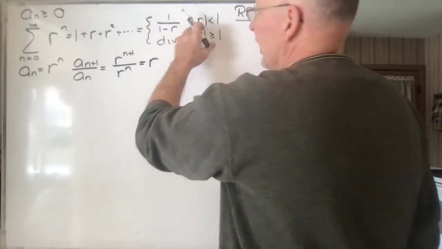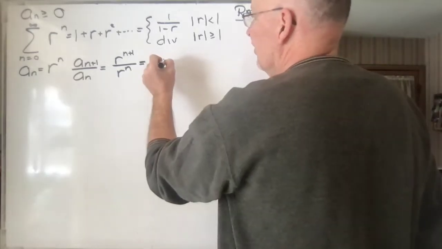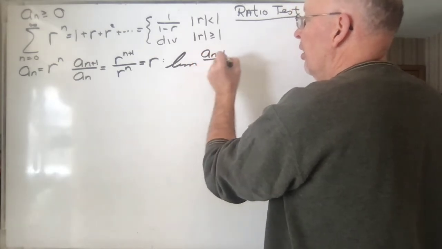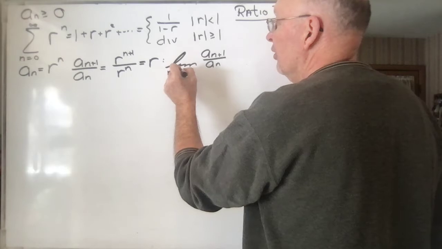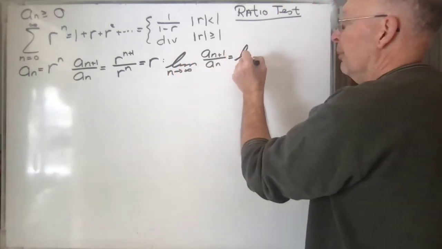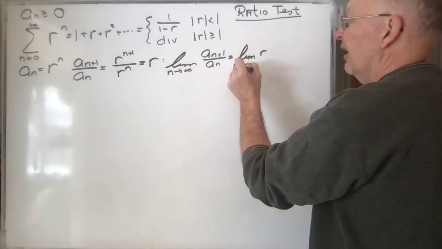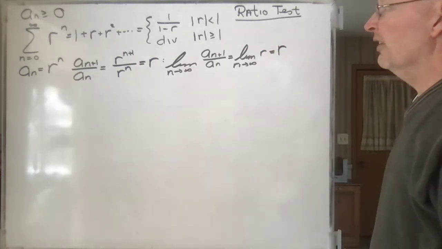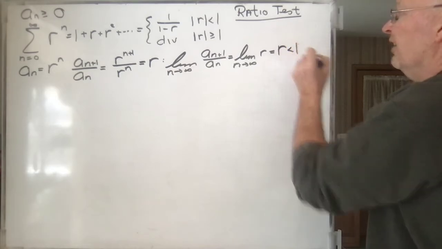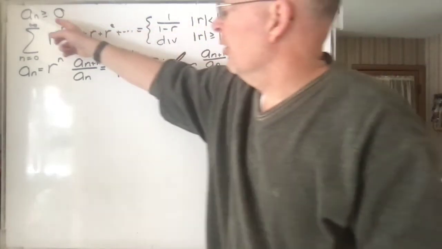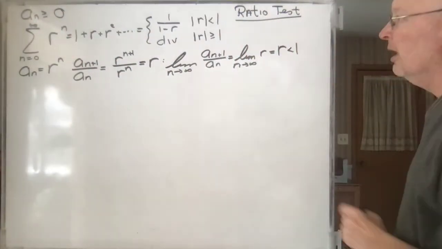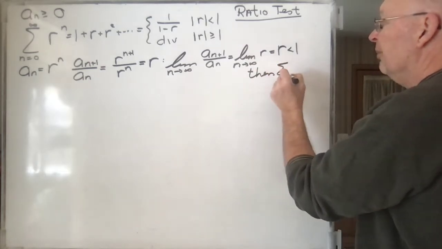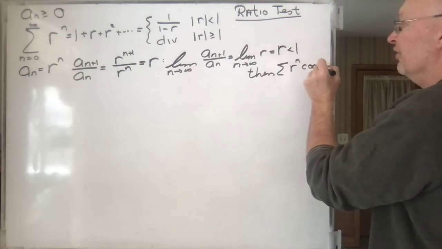So another way of writing what happens to the geometric series is to say if the limit of the n plus first term over the nth term as n goes to infinity, which is just going to be the limit of r as n goes to infinity, and r is just a constant, that's just equal to r, as long as that thing is less than 1 in size, notice we don't have to worry about this being negative because all of our terms are non-negative here, if this thing is less than 1 in size, then the geometric series converges.